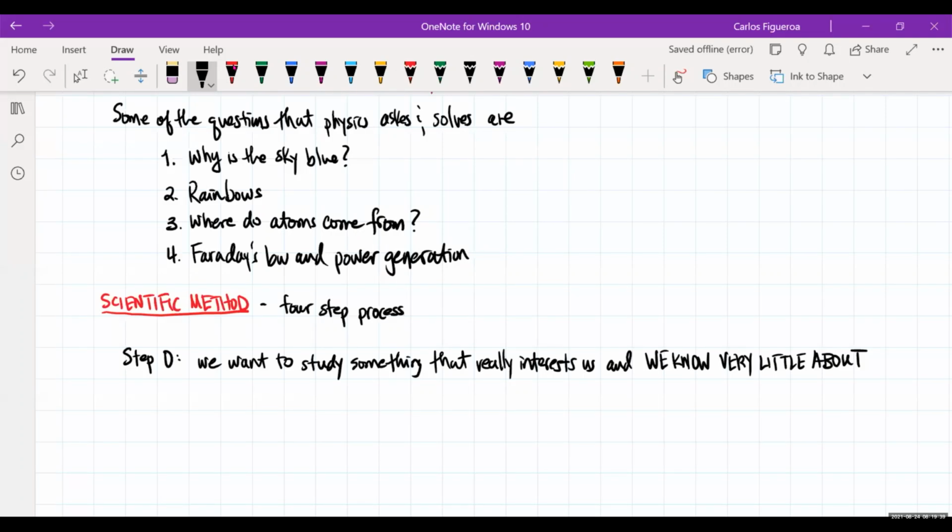So it's got to be a question that you really want to know the answer to, but you don't know very much about it. So in science, all of the most interesting questions are questions that we don't know usually almost nothing about. So the question is, what is the process that you use to do this?